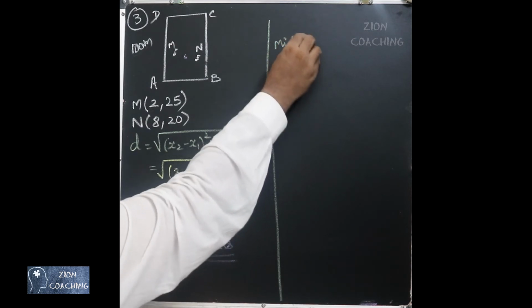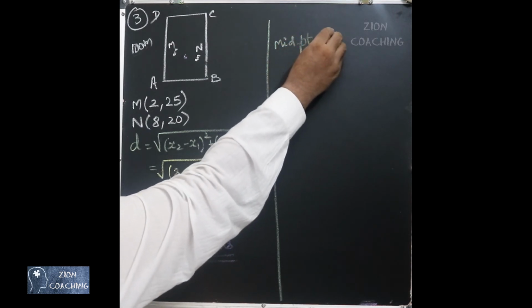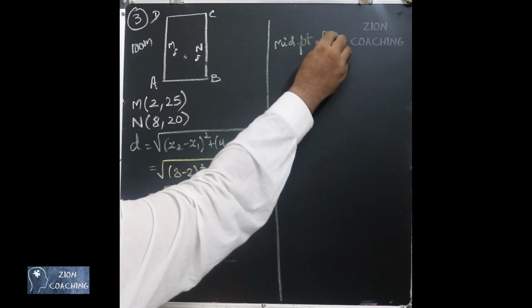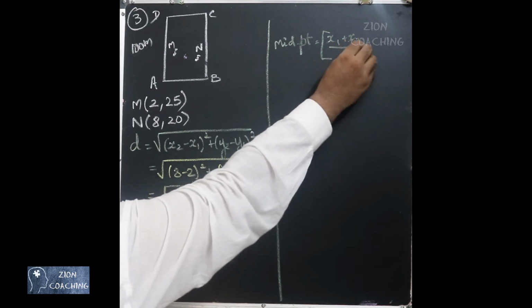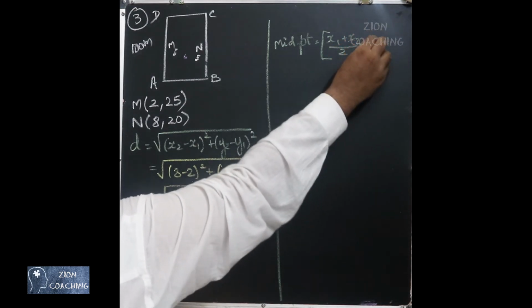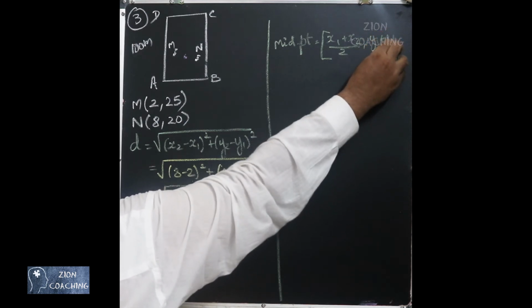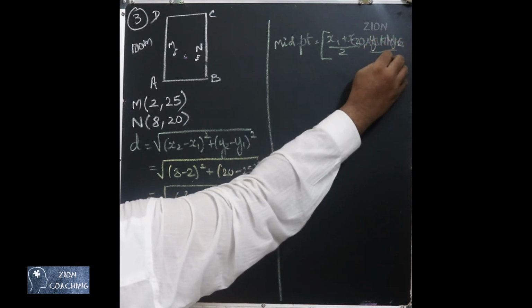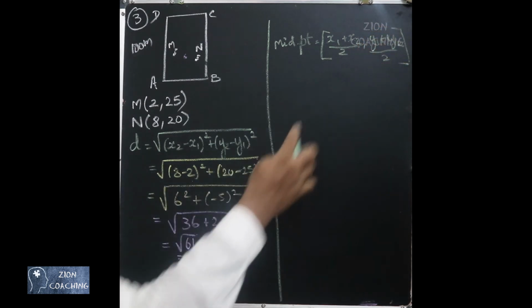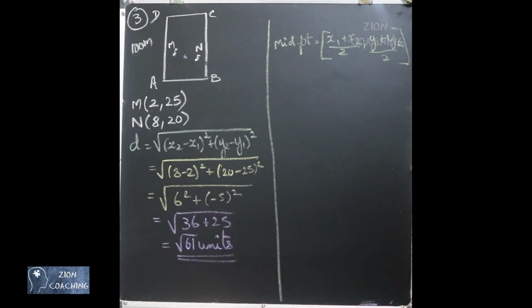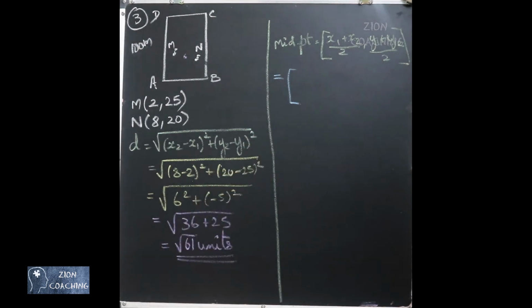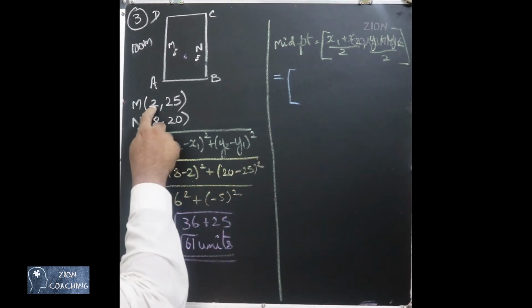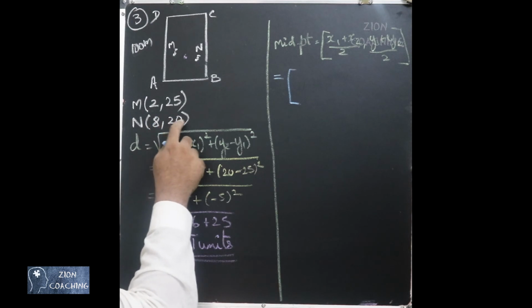Now the midpoint formula is given by ((x1 plus x2) by 2, (y1 plus y2) by 2). Now we are going to substitute our values there. This is your x1, y1, this is your x2, y2.